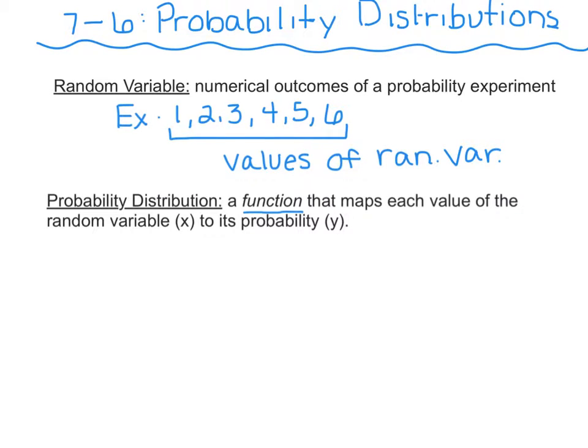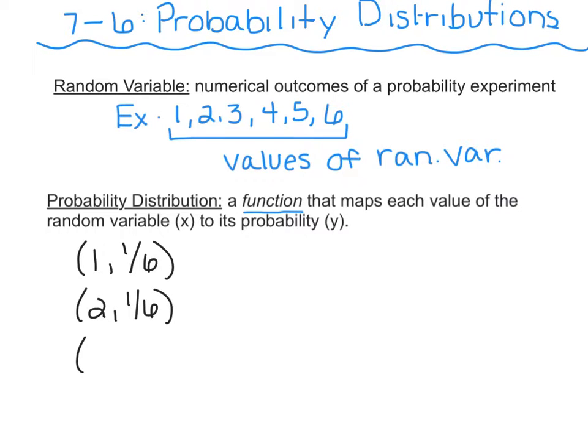So this one's going to be kind of a boring one because rolling a single die is simple in probability terms, but under a probability distribution, you would have ordered pairs that look something like this. 1, 1/6, 2, 1/6.